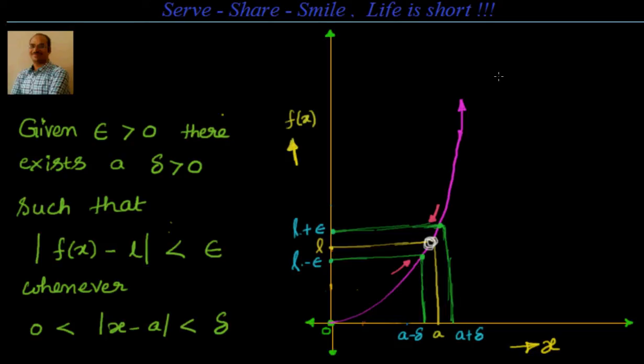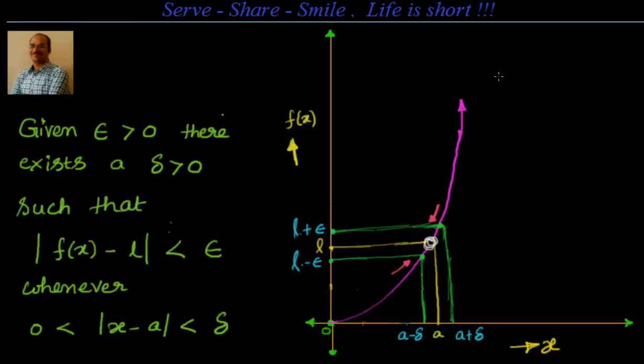What's the meaning of that? Given that epsilon is greater than 0, there exists a delta greater than 0 such that if x is between a minus delta and a plus delta, then f of x will be between L minus epsilon and L plus epsilon.